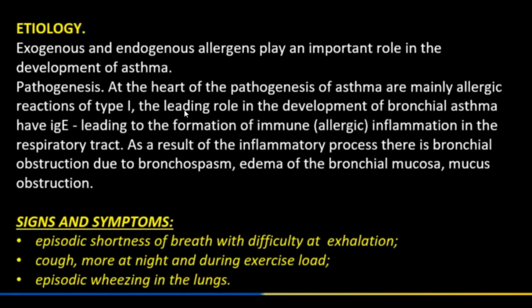As a result of the inflammatory processes, there is bronchial obstruction due to bronchospasm, edema of the bronchial mucosa. Signs and symptoms: episodic shortness of breath with difficulty at exhalation, worse at night and during exercise load, and episodic wheezing in the lungs.